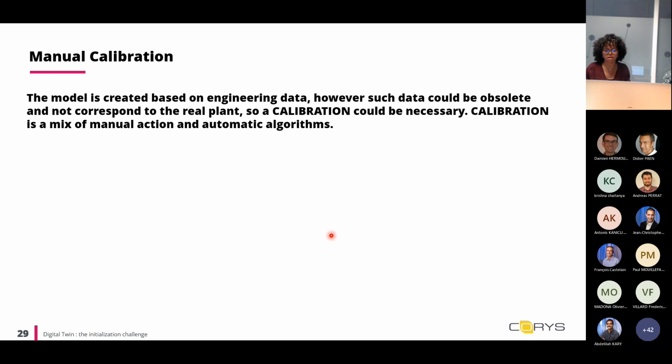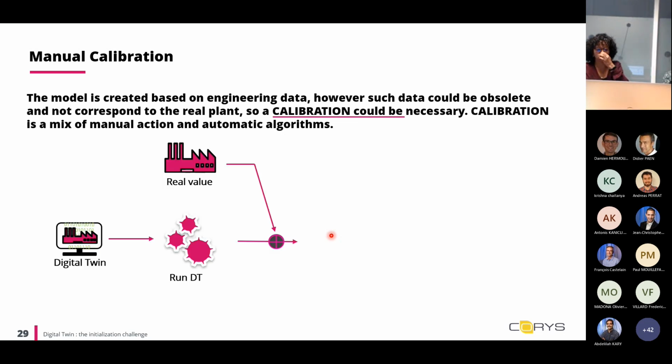Because of that, we most likely need to calibrate our digital twin and change some of the values that were decided based on engineering data. And this calibration is a mix of manual actions and automated algorithms.